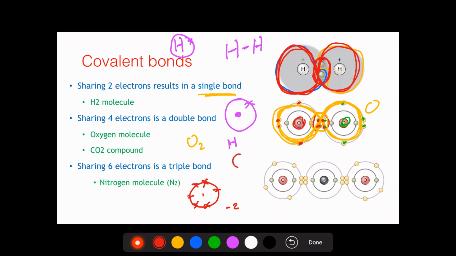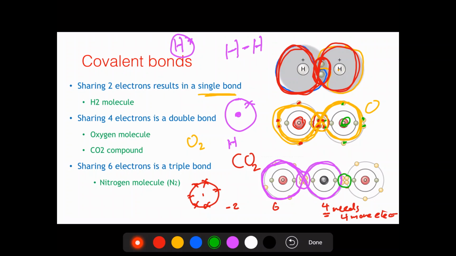Another example is CO2. Remember, oxygen has 6, the carbon has 4 in its valence shell. So technically, the carbon needs 4 more electrons. Right? So it will come and take 2 electrons from each oxygen atom. And in this case, these 2 pairs of electrons are going to spend equal time around these 2 atoms.